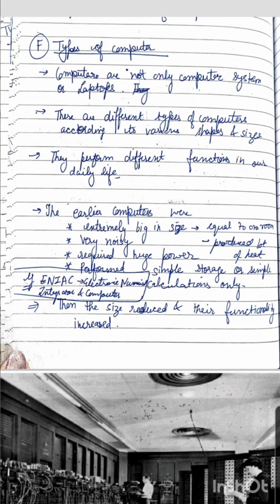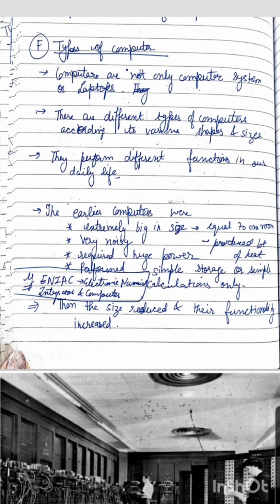Before the first type, do you know that the computers that were in existence earlier were extremely big in size? They were equal to the size of a room and they were very noisy.